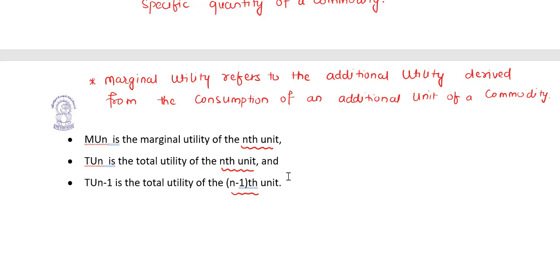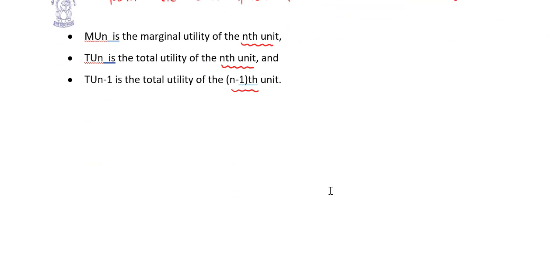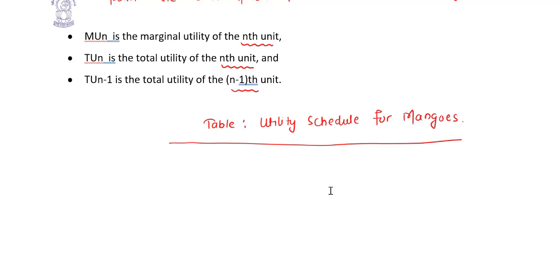Let's see this by making a utility schedule. Let's make it for mangoes. Let's make this table, a utility schedule for a product, and we have opted for mangoes. Make 3 columns.